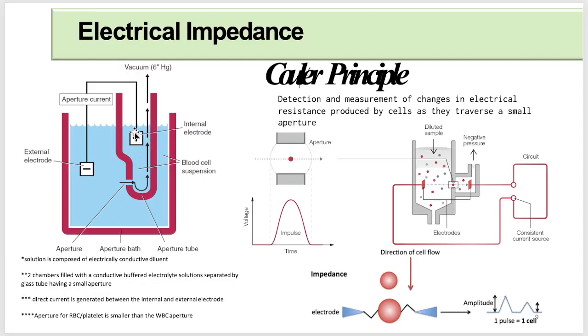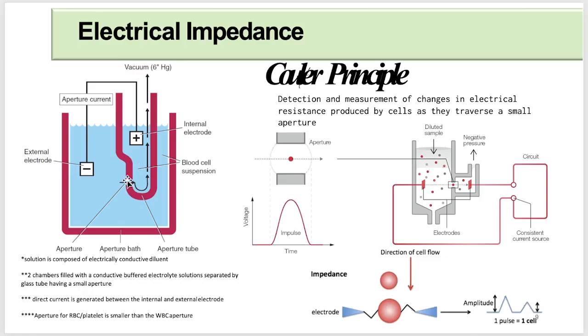Then electrical resistance between the two electrodes, or impedance in the current, occurs as the cell passes through the sensing aperture, causing voltage pulses that are measurable. I hope that is clear.